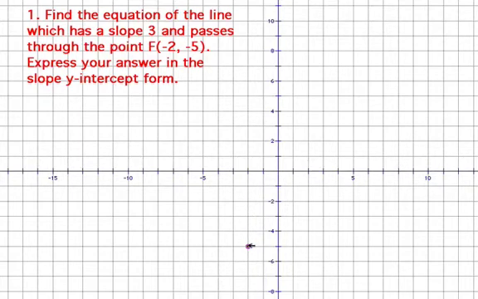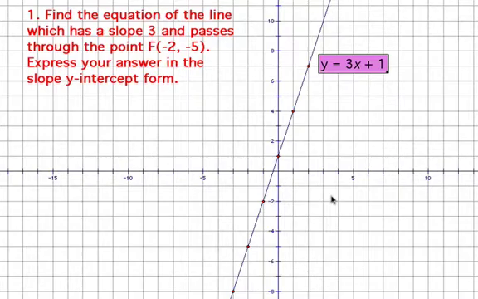If you recall, 3 over 1 is a rise of 3 and a run of 1, and we can make our next point. We can keep doing this, and now we have our y-intercept. We'll put in a few more points for the sake of being more accurate, and then draw a line through these points. As we said before, the slope is 3 and the y-intercept is 1, so the equation of this line is y equals 3x plus 1.